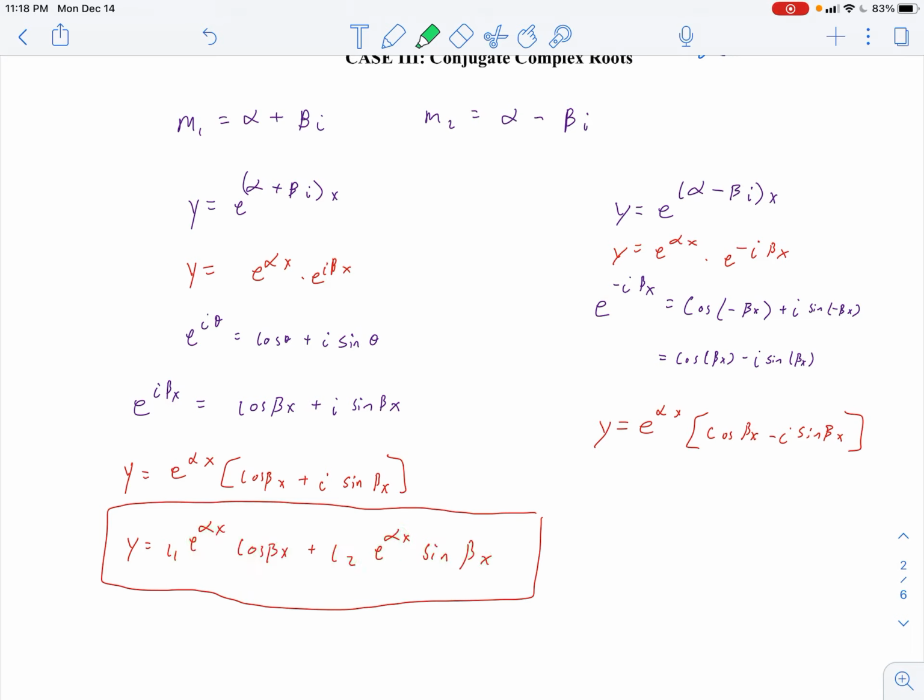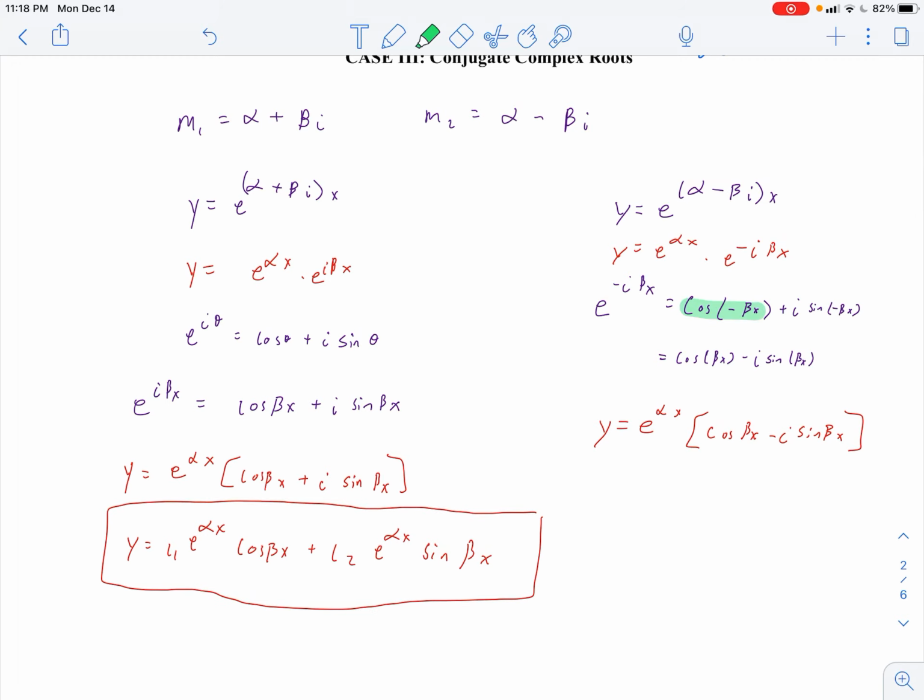Now, let's say we have e to the alpha minus beta i, times x. Well, it's the same thing. y equals e to the alpha x times e to the negative i beta x. We're going to write that out using Euler's formula. When we use Euler's formula, we're going to get negative beta x on the inside.